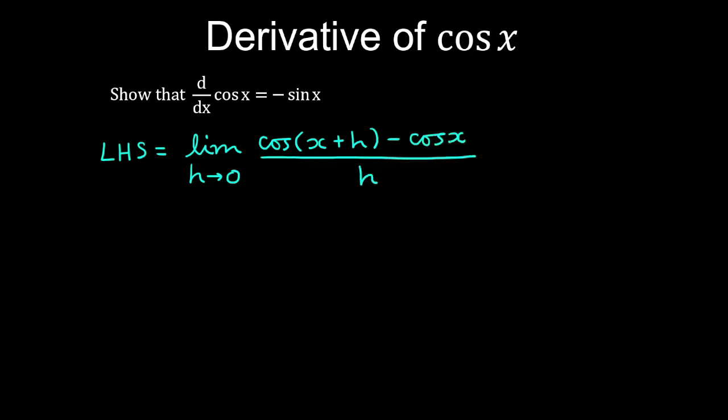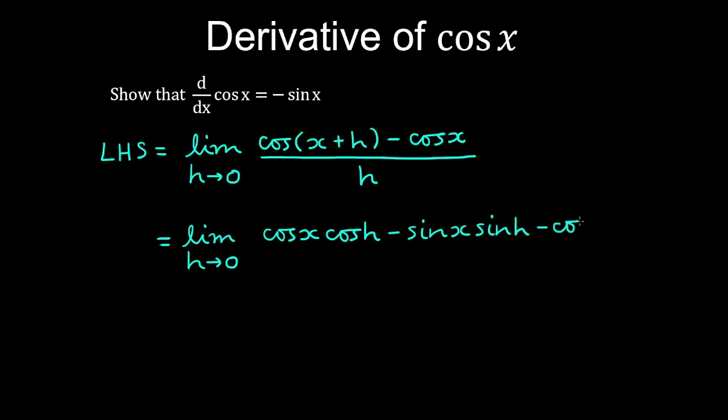And using the addition trig identity, we can write the first term as follows. And now we can do a bit of factorization and apply the limit rules.